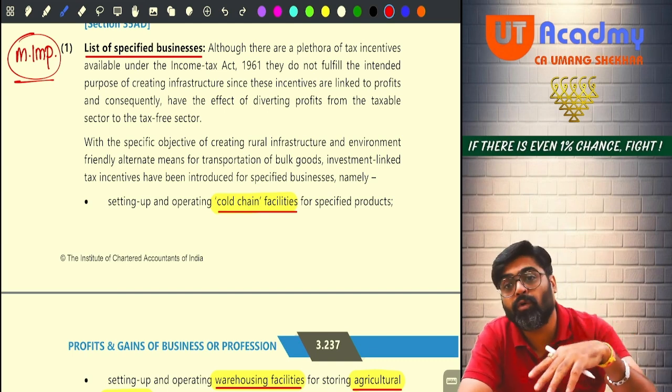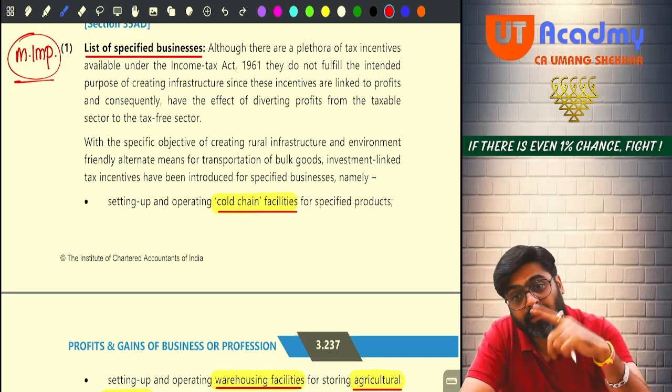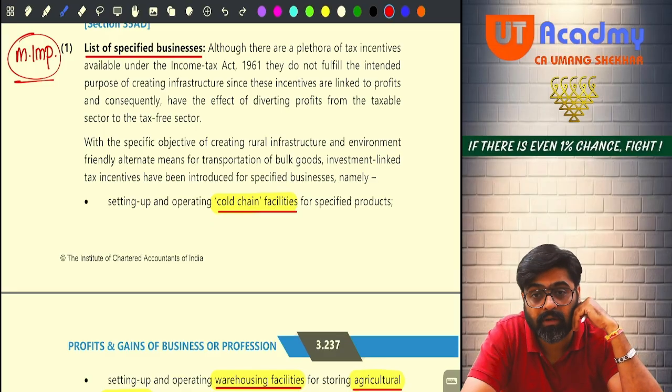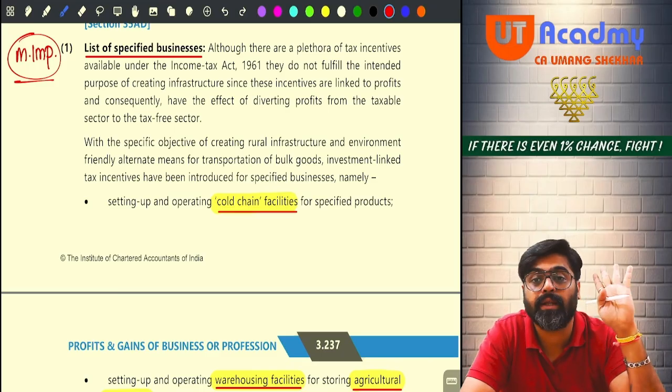Then again after 2-3 years, a few more businesses were inserted, and with effect from 1st April 2014, the operations of these businesses commence. Likewise, till 1st April 2017.